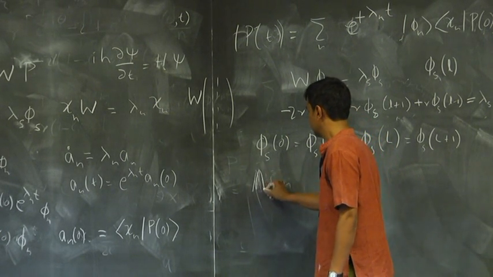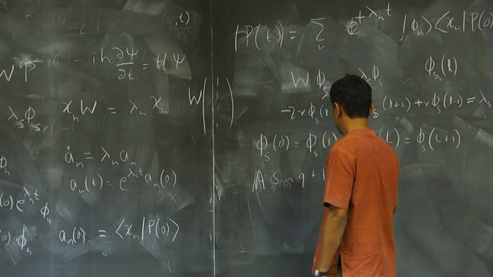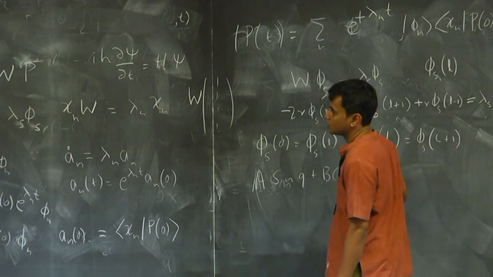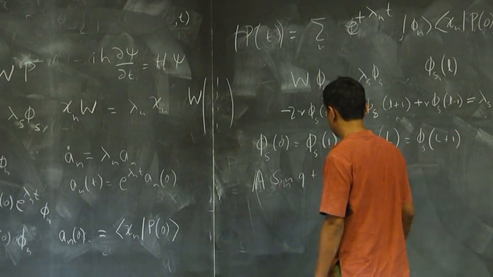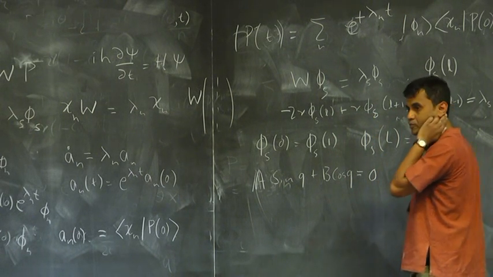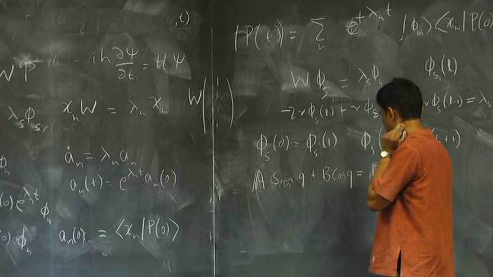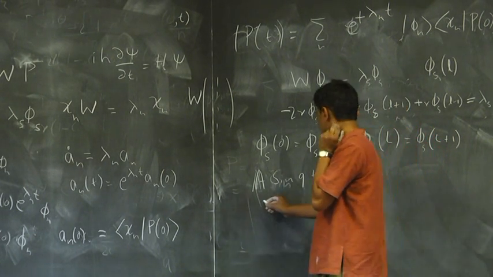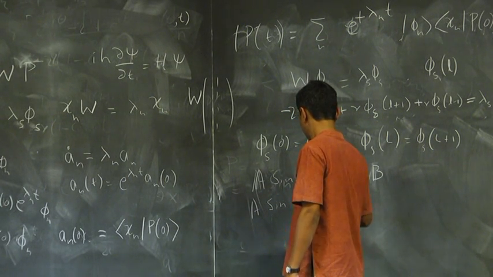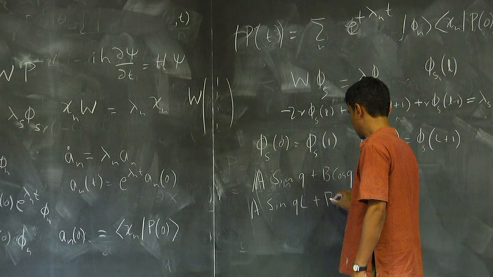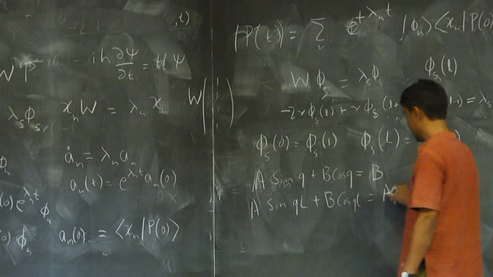So basically A sin q plus B cos, and the other thing is, okay, it's not simple.